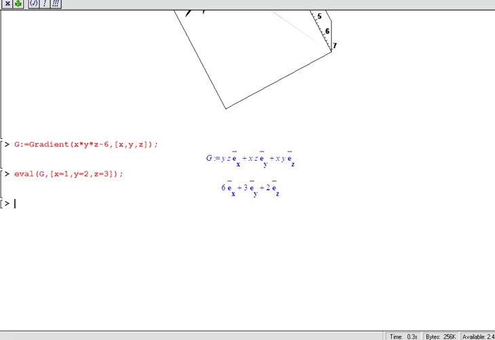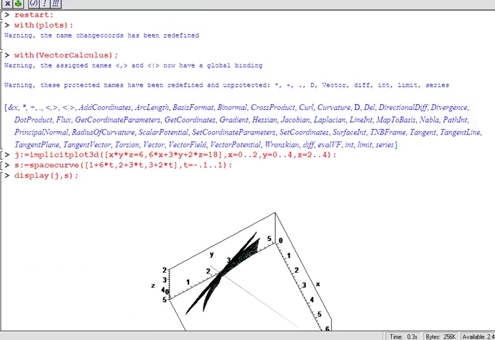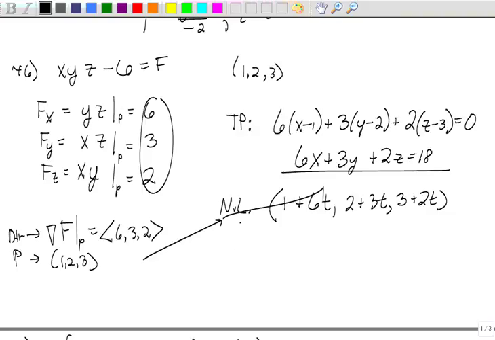So that's what you get when we worked it out by hand. So Maple will do that for us. Okay, so this was number 46. All right, let's move on and look at 48.